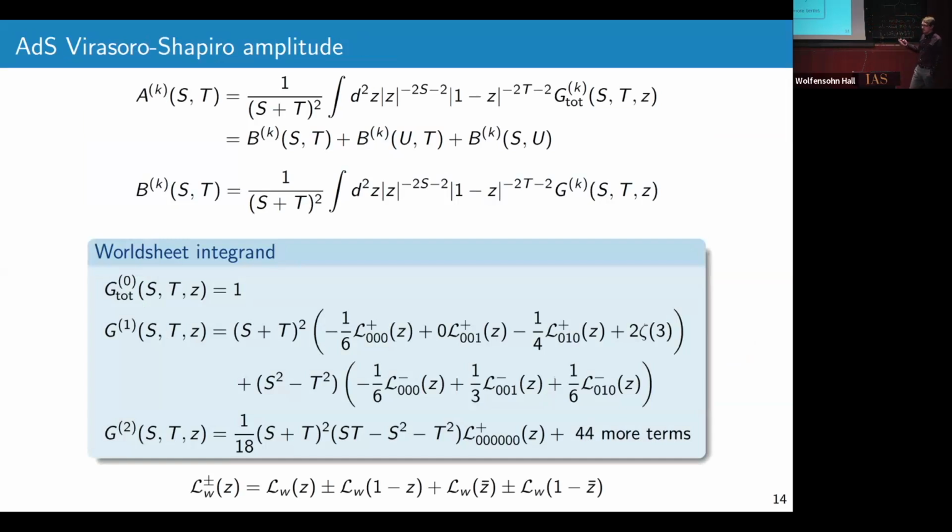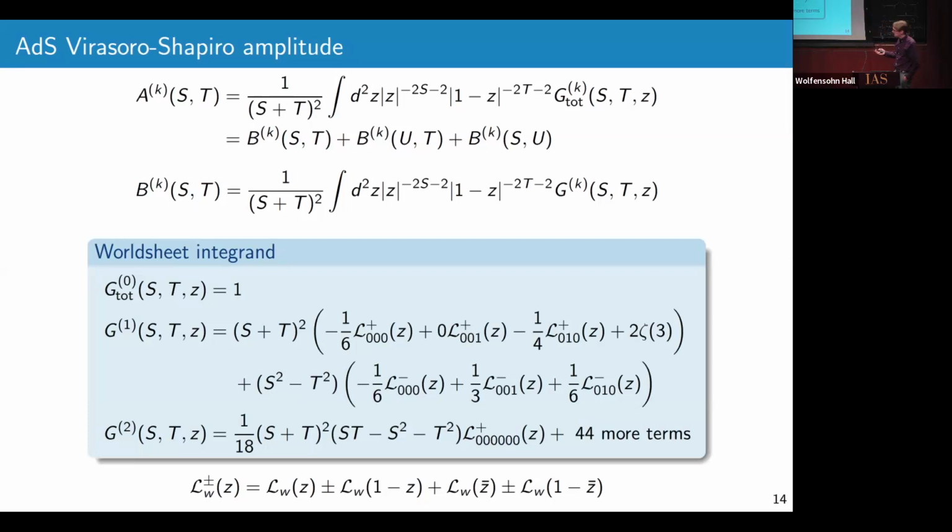And remember that I argued that the weight of the integrand should be 3k. So for the first correction, it's weight 3, and demanding consistency with the pole structure from the OPE fixes the coefficients. And for the second correction, we get something of weight 6. And we use these symmetrized polylogs to make the function B crossing symmetric. I mean, we make it symmetric under exchange of S and T manifestly.